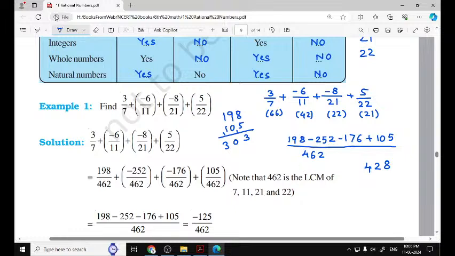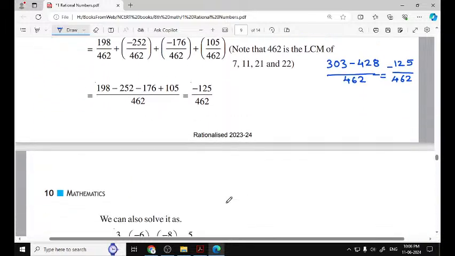So the next step is 303 minus 428 divided by 462. Now this bigger number is negative, so the answer is negative. 8 minus 3 is 5 and 12. 42 minus 30. So our answer is minus 125 divided by 462.